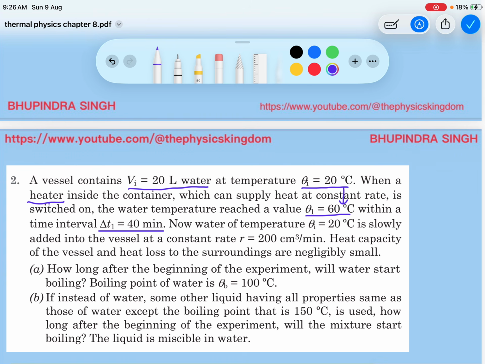So for 20 liter water, the temperature is increasing from 20 to 60 in 40 minutes. It means indirectly they are indicating the power of the heater.